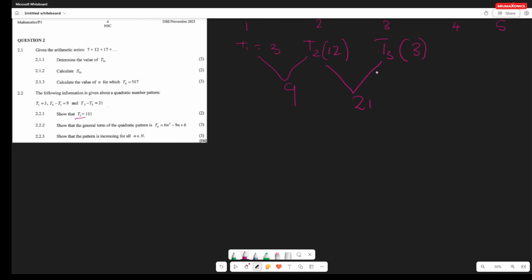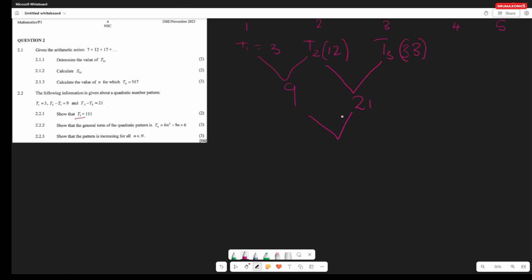So we can continue with our pattern. Here we said this is 33, right? Let's see.